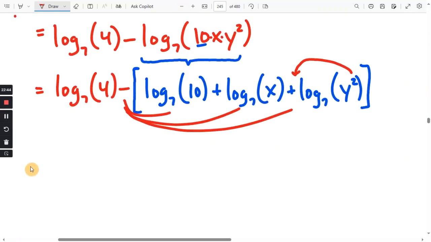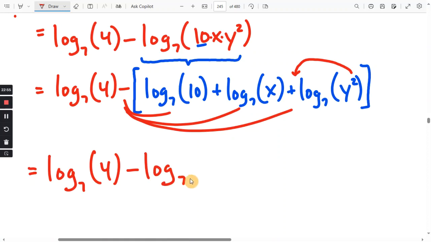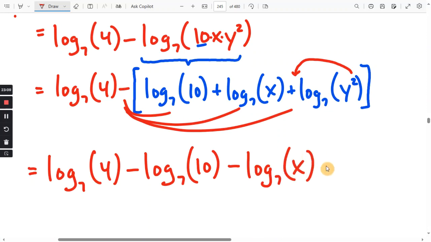We have log base 7 of 4 minus log base 7 of 10 and that's going to be minus log base 7 of x, and that's minus, and this 2 comes out front, so it's going to be minus 2 log base 7 of y.